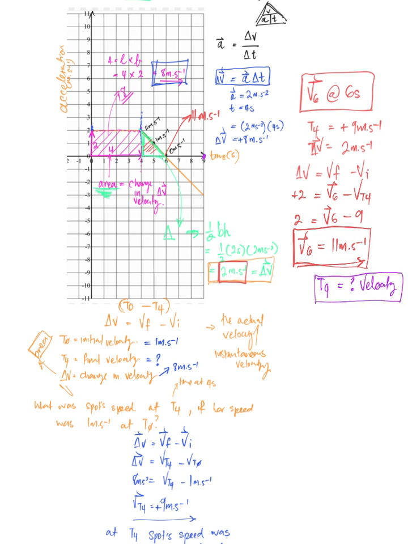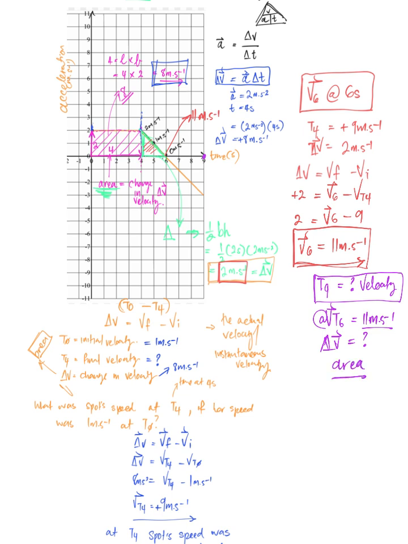Right, so there's two things I can do. I know that at T6, the velocity is 11 meters per second. But I also need the change in velocity. The only way to get change in velocity is to work with area.